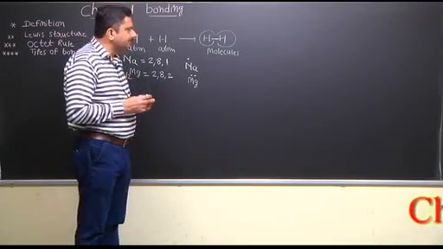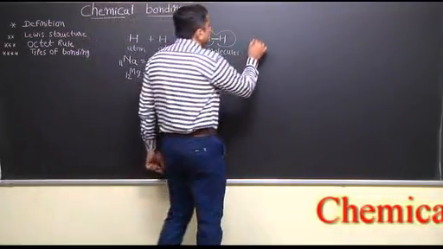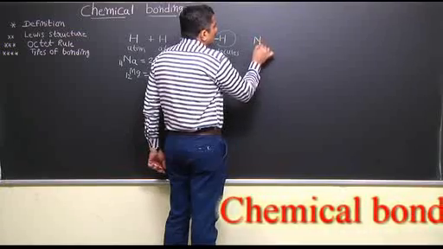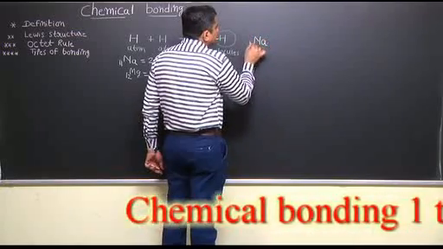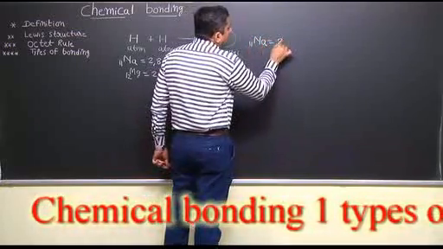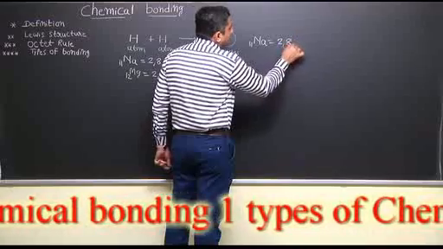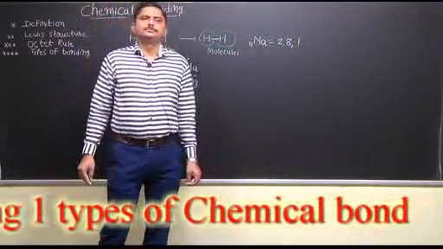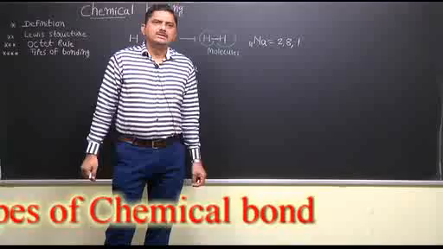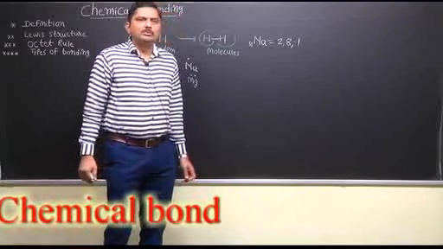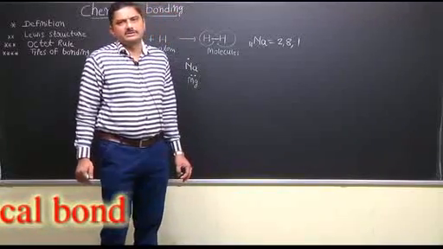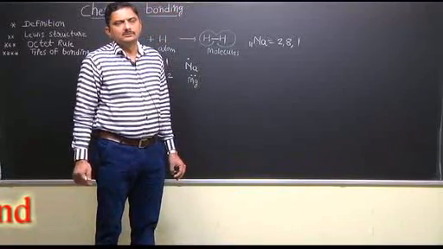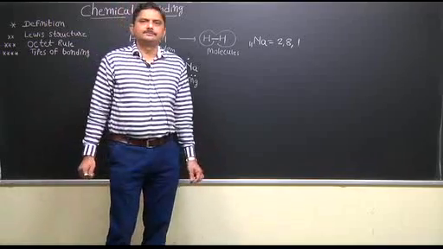For example, sodium. In the outermost orbit of sodium, 1 electron is present. It requires 7 electrons to complete its octet. It is a very difficult task.